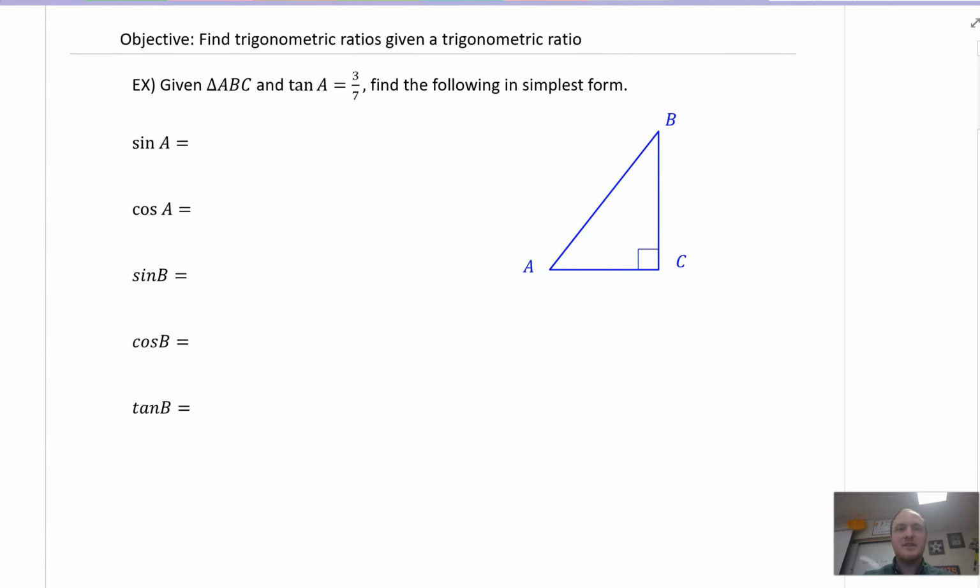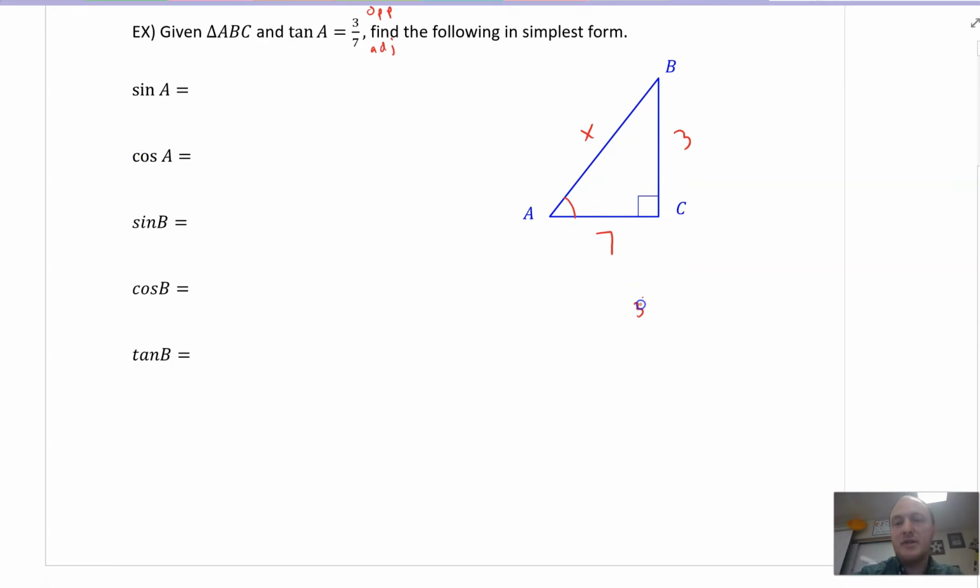Here we are told that tangent of A is 3 over 7. Okay, so tangent, I always just want to make sure. SOHCAHTOA. So tangent is opposite over adjacent for A. So here's A. Okay, opposite is 3. Adjacent is 7. I'm missing this side, which is X. Okay, so I know that 3 squared plus 7 squared is equal to X squared.